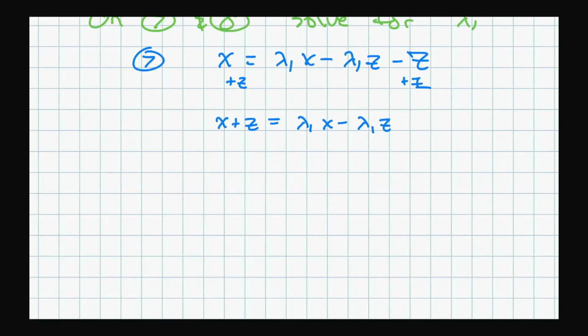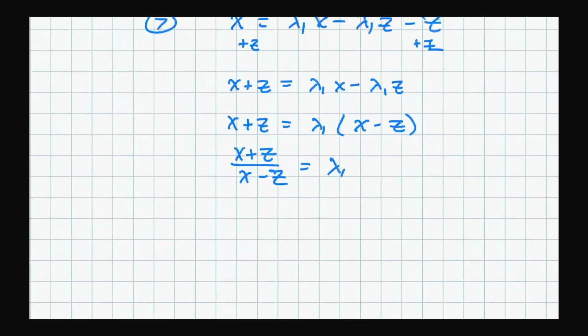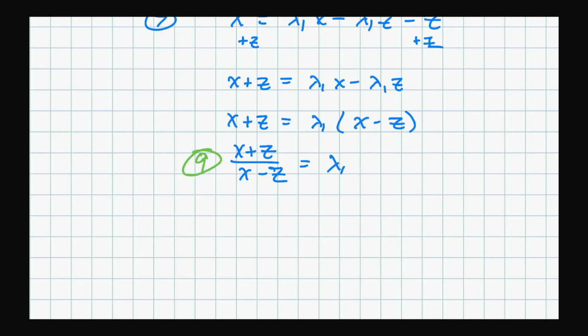Then you could factor out a lambda 1, and you get this. And then you can divide by x minus z, and you get lambda 1 equals x plus z over x minus z. Okay, and that's going to be equation 9.